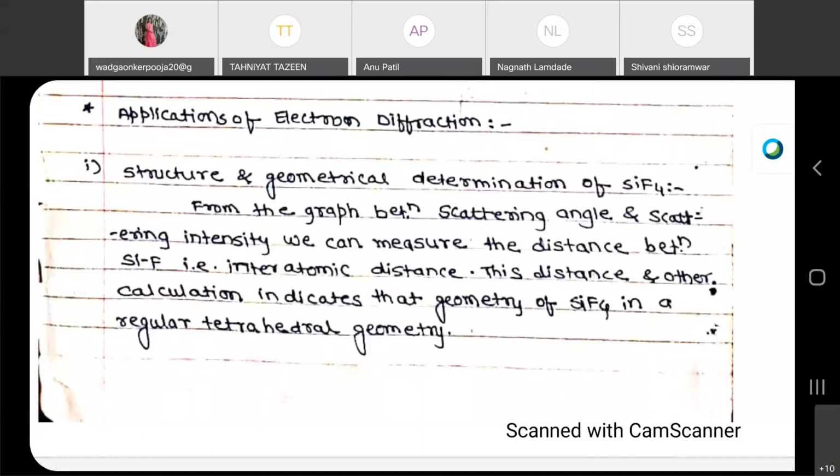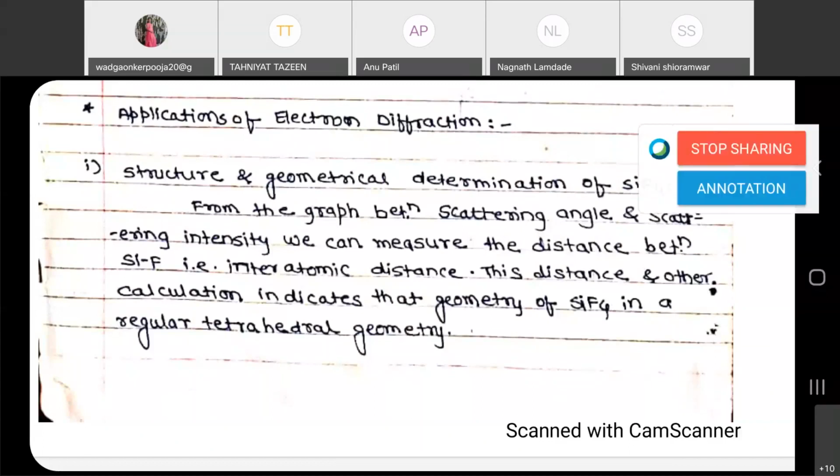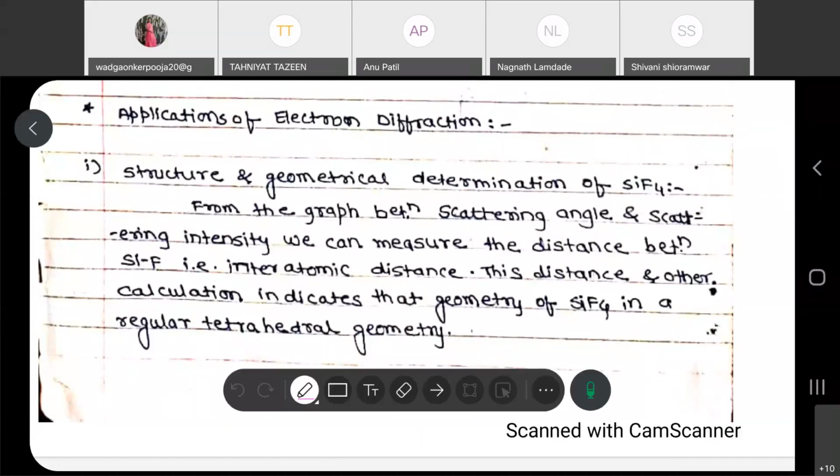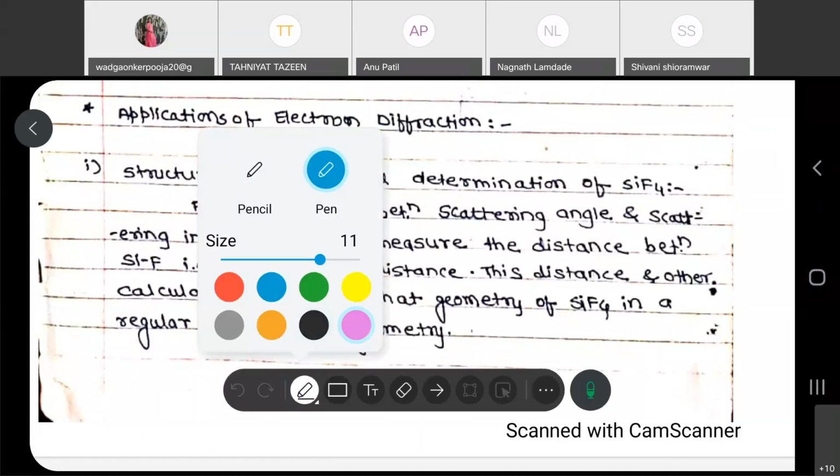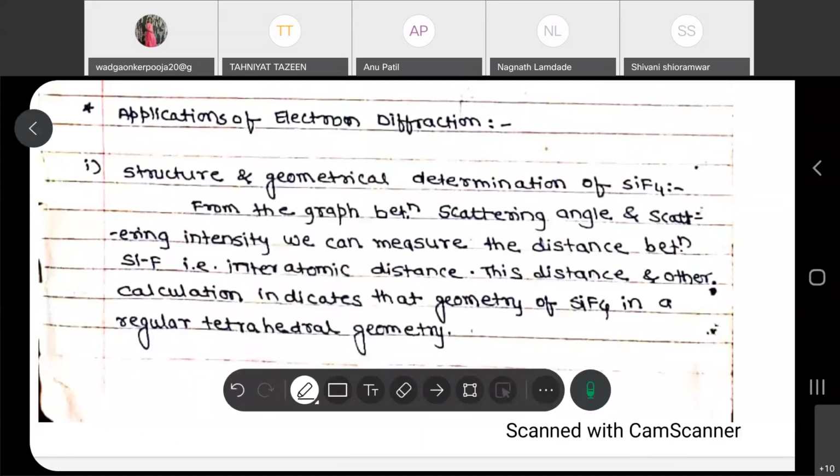Please, guys, do not get confused. Here is the differentiation between the structural and the geometrical determination, and what that differentiation is, I will be showing you.